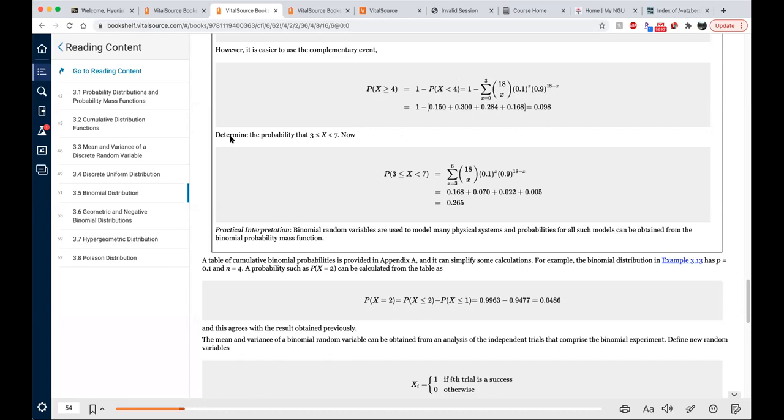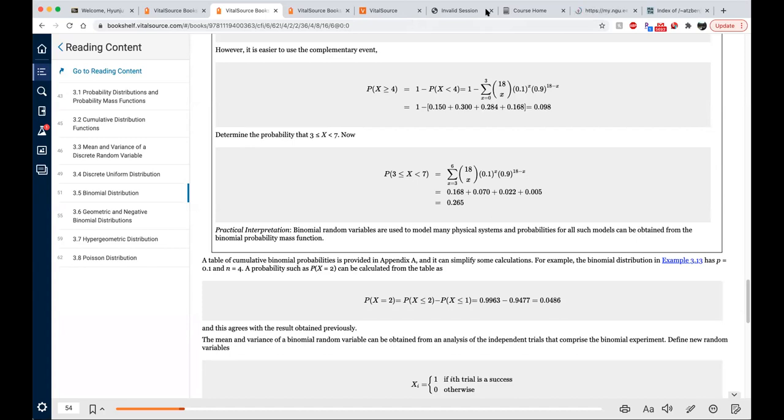The next problem is to determine the probability that x is greater than or equal to 3 and less than 7. Keep in mind that 3 is included, 7 is not included. To figure that out, we're going to use the rule for complement.